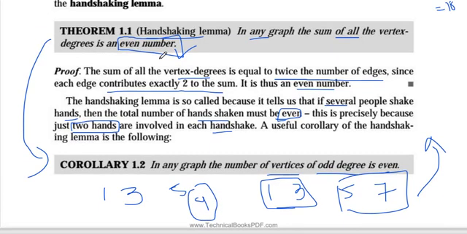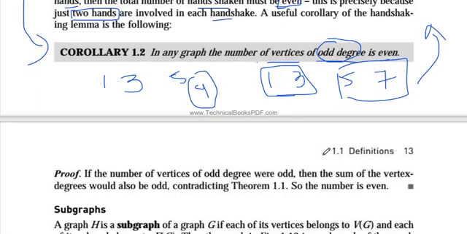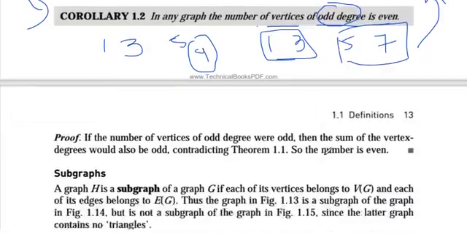But our first theorem says that in any graph the sum of all the vertex degrees is an even number. So in any graph, the number of vertices of odd degree, not talking about even degree, is even, in pairs, so that their summation always becomes an even number. So this is the second theorem.